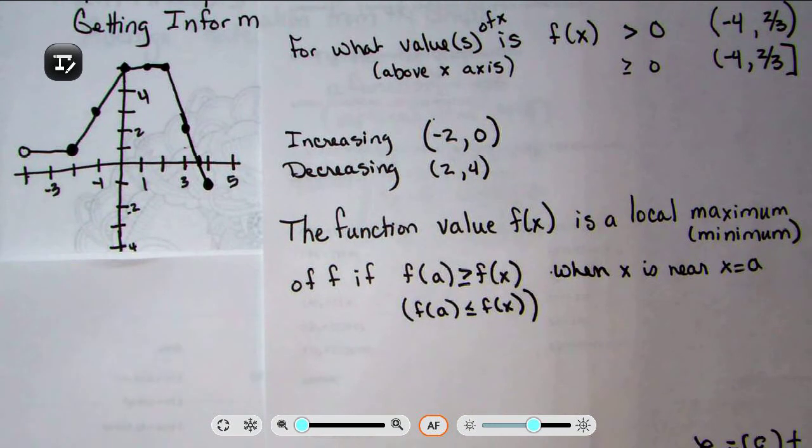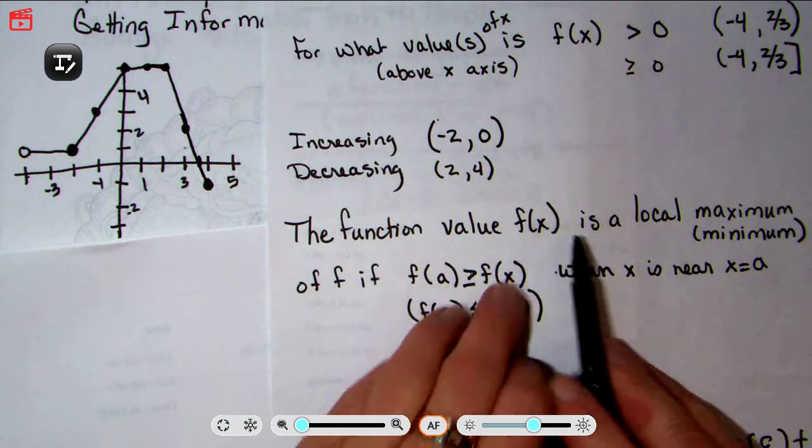Okay. I know this looks like a lot of words and things like that. Again, we're learning how to read mathematical statements. In this class, we're going to learn a little bit more on how to read mathematically. So the function value, f of x. So this is just another way of saying the function value.